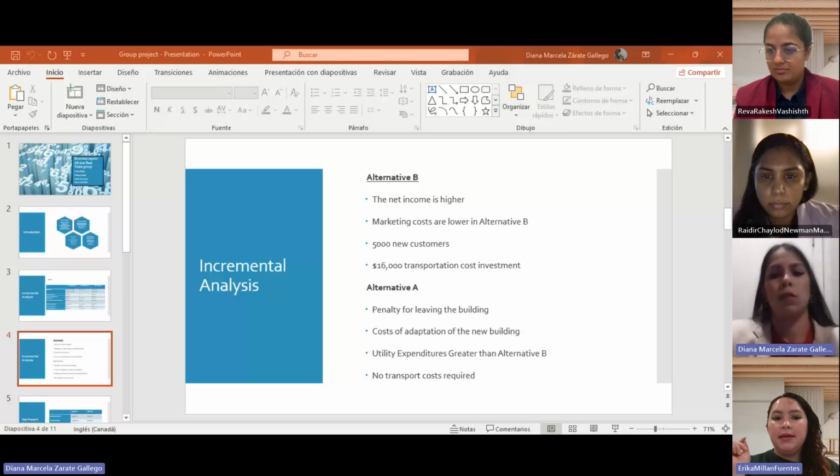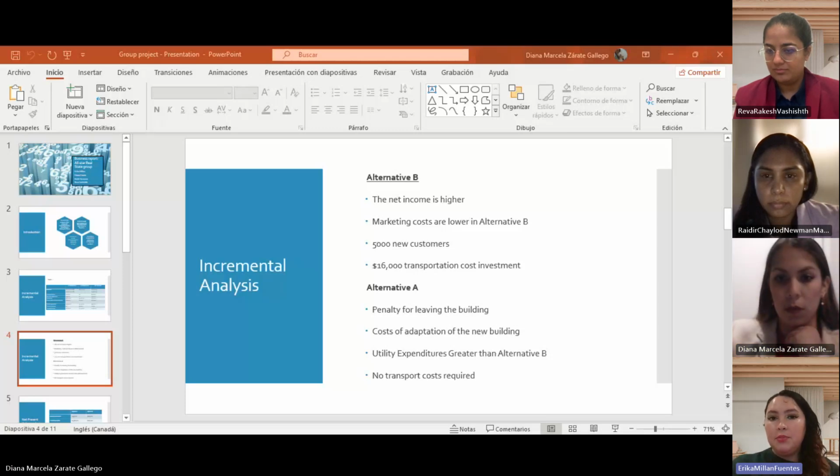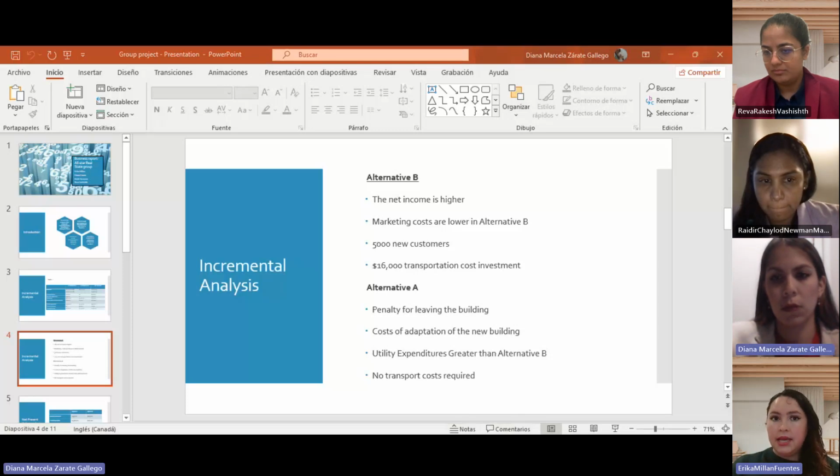As we can see in the last tables that my partner explained, according to all the data, the net income is higher in the first alternative, alternative A, than in alternative B. On the other hand, it's important to consider that in the first option we should spend more on marketing than in alternative B, and also we will get fewer new customers than the other.